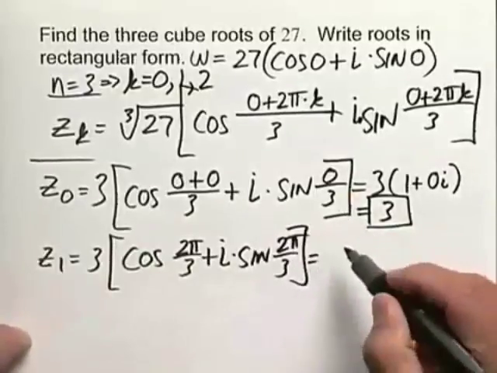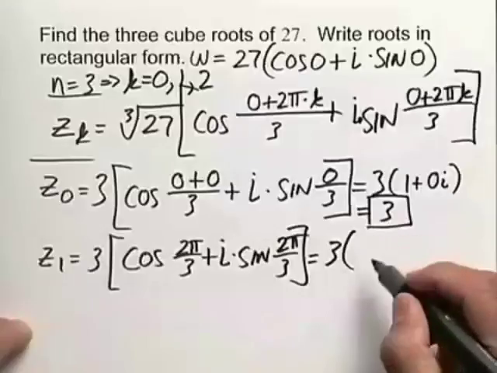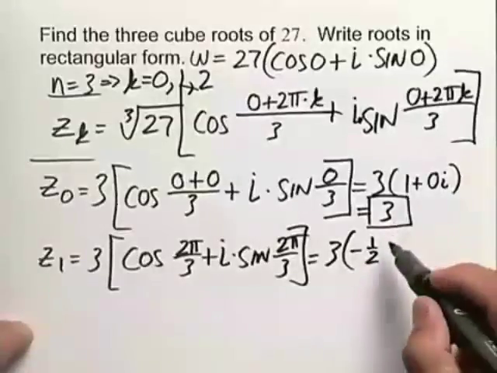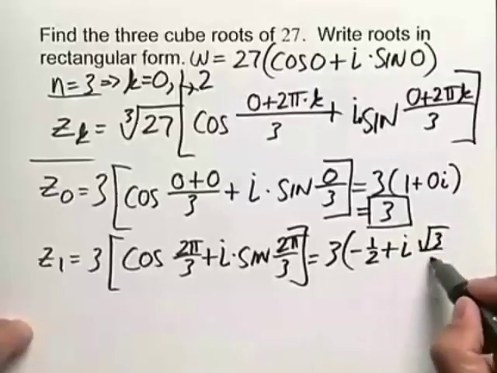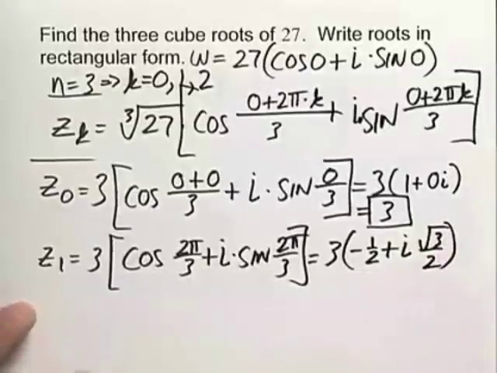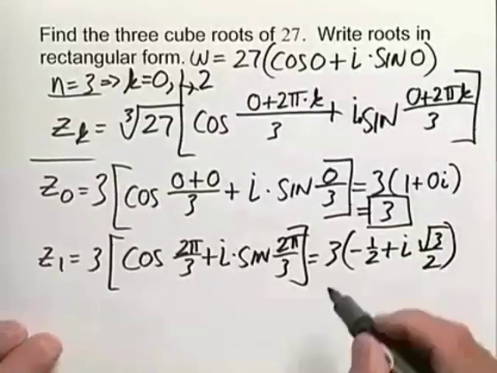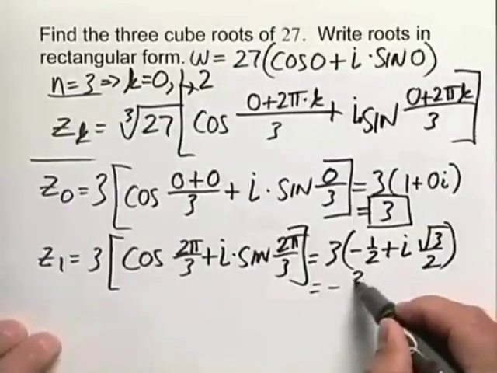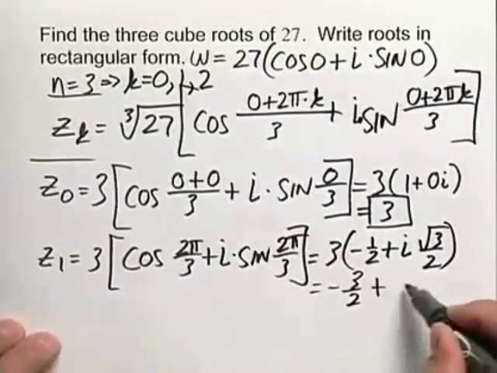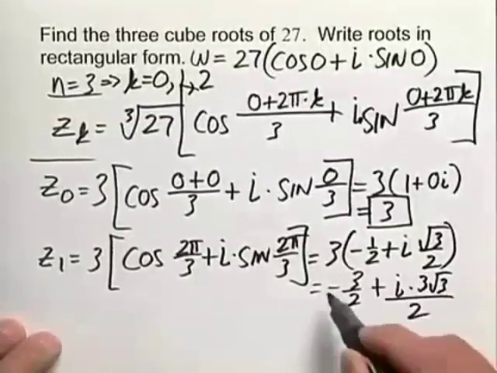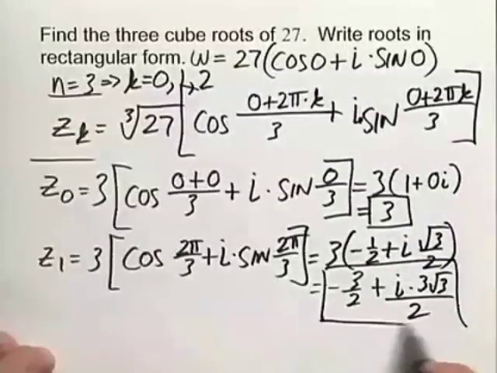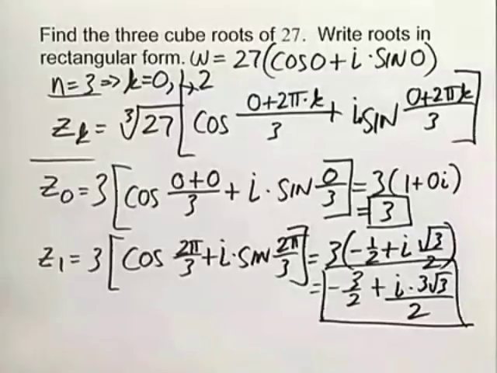So that will give us the value of 3 times the quantity negative 1/2 plus i times the square root of 3 over 2. And to distribute that through, we end up with negative 3/2 plus i times 3 square root of 3 all over 2, and this will give us the second cube root of 27.